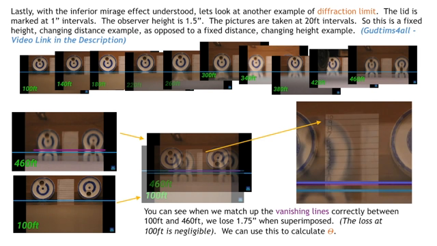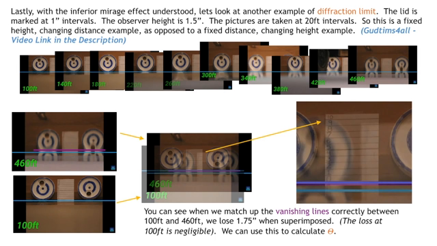And so if you overlap the two with the scaled paper of 1-inch intervals in between them, and mark out the horizon line as the point of the inferior miraging effect, then you can see that you have lost approximately 1.75 inches at 465 feet.